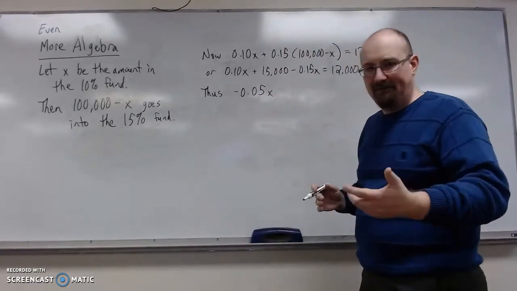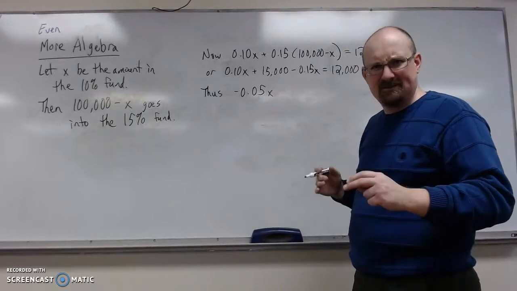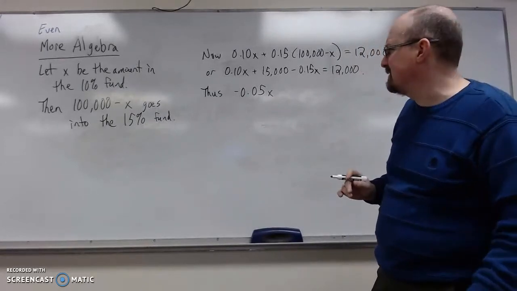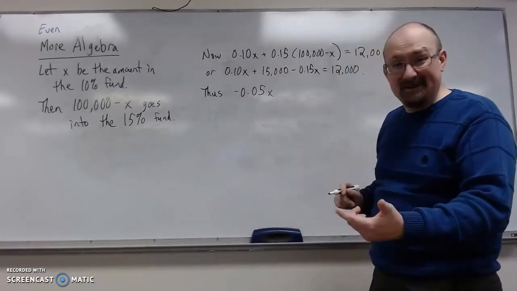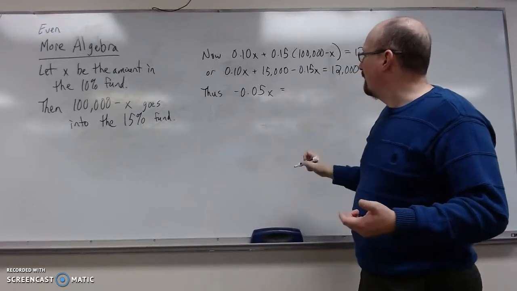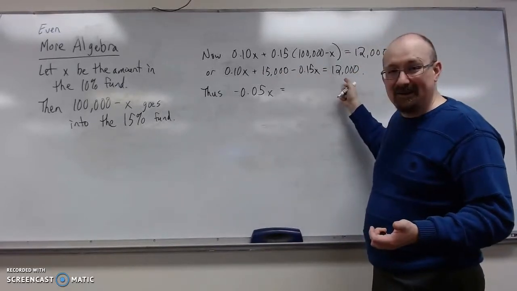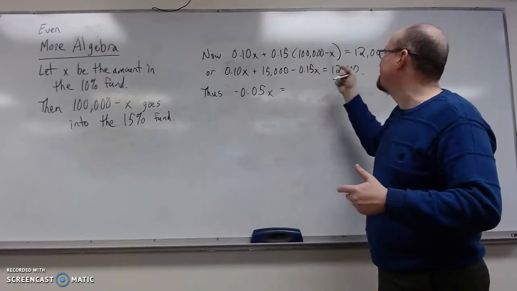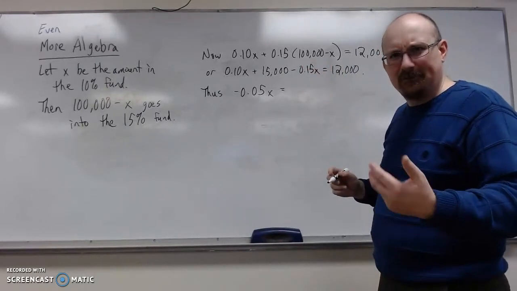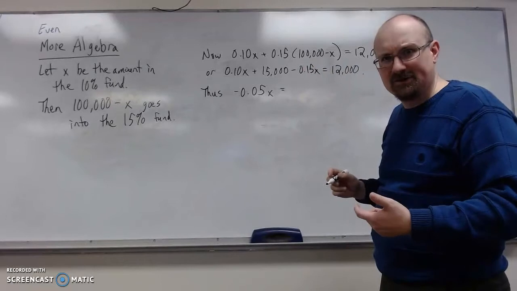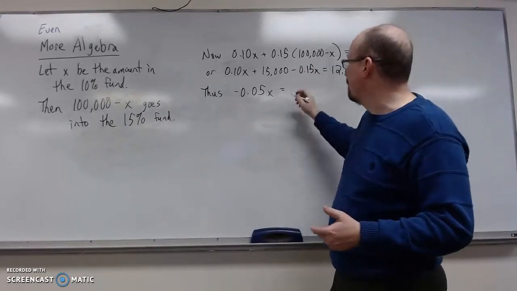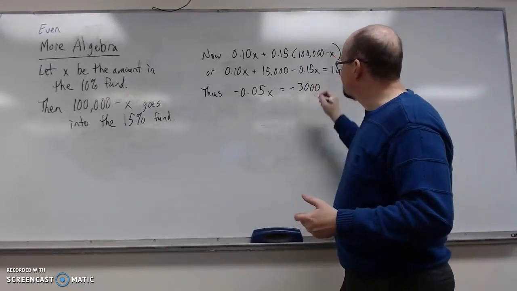Remember, don't just do 0.5. That's like 50%. That's going to draw somebody's attention. So the negative is important here, and you might get worried about it, but then you think, if I subtract the 15,000 over to isolate the x, 12,000 minus 15,000, the number you're subtracting is bigger than what you're starting with. So it kind of takes care of itself.